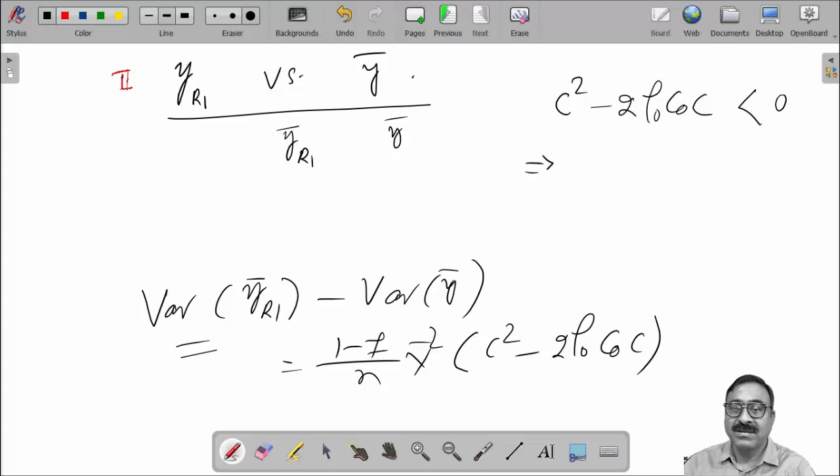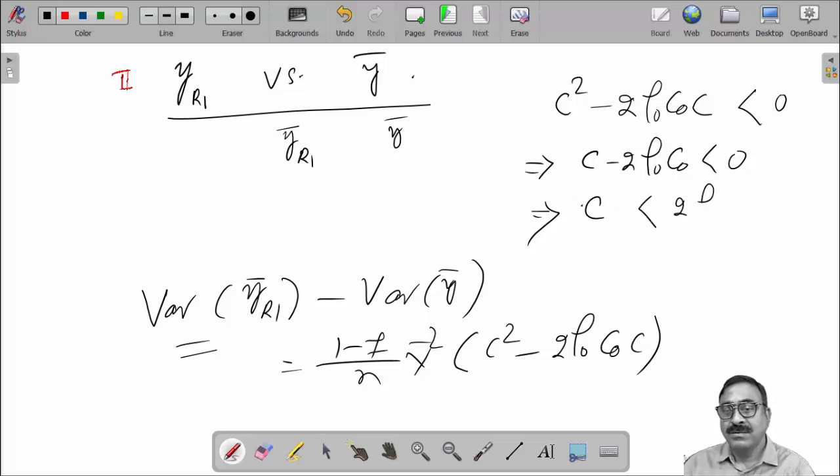So that implies C is less than 2 rho 0 C0.